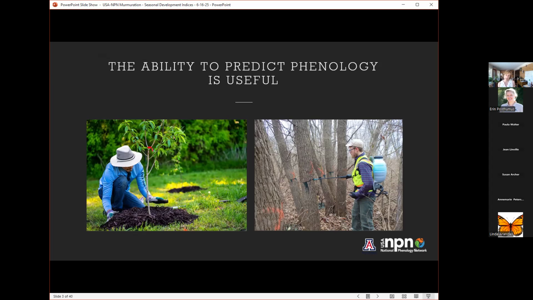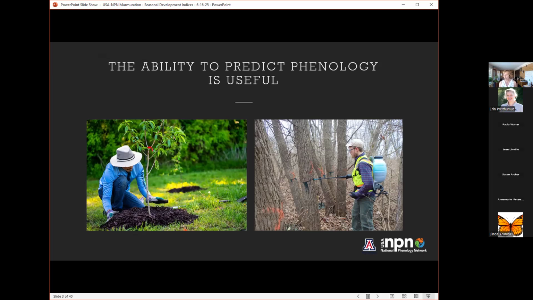Folks that manage crops on a large scale have pretty dialed-in predictive models that enable them to lock in the date of planting and then keep track of what the conditions are in the intervening time. That can then help them understand, I'm going to need to get my combines out on this field during this week and probably over here during this week, because the crops will ripen at those particular dates.